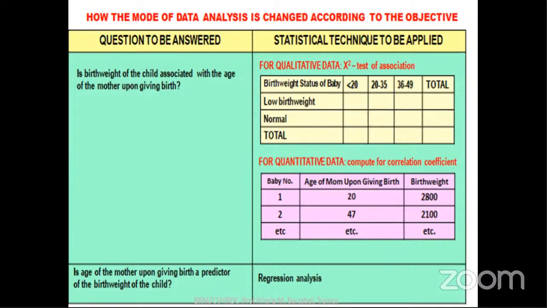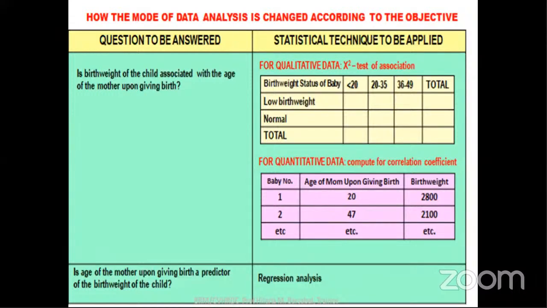So in the event that the question to be answered is about association, the analysis tool is dependent on the nature of the data. If you gathered qualitative data, then the chi-square test of association is used.